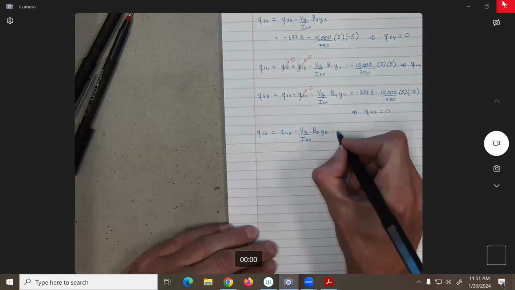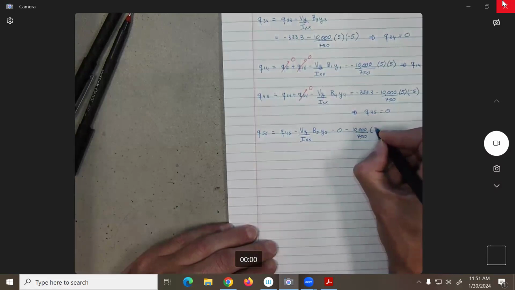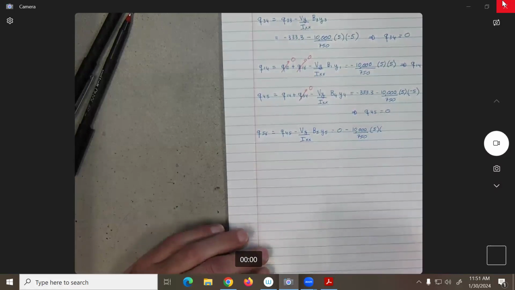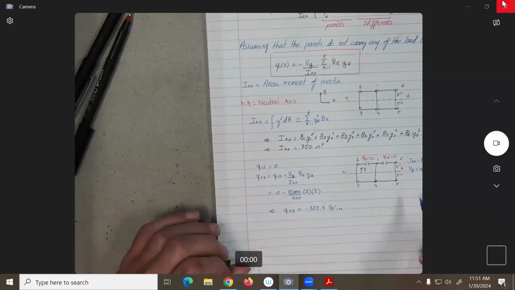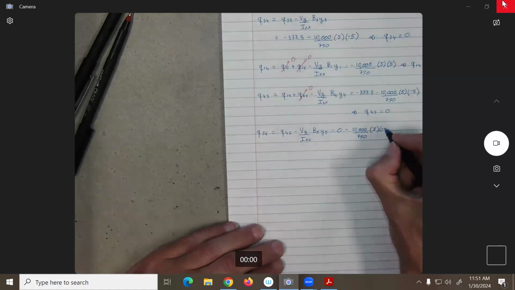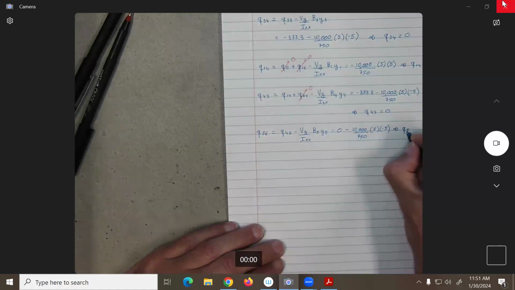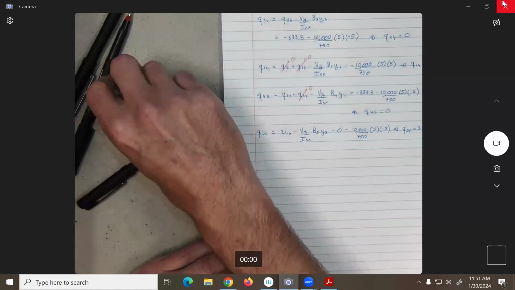So this is going to give us 0 minus again 10,000 divided by 750 times 5. And what is Y5? What is the value of Y5? -5. So this is going to give you that Q56 will be equal to what? 333 pound per inch.